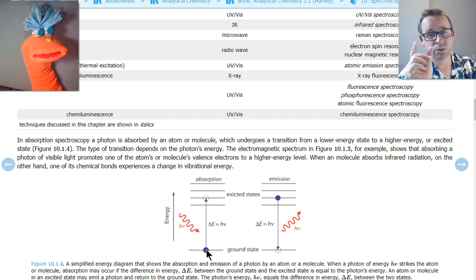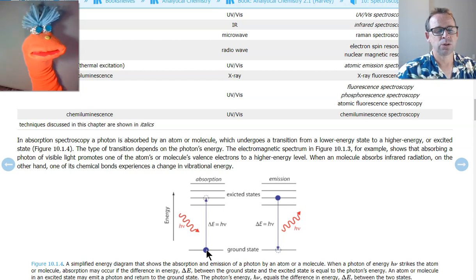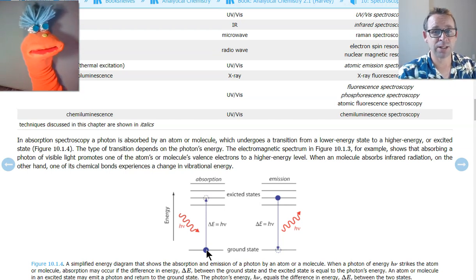Bonds are like stretching springs, and depending on the distance of the atoms, the nuclei from each other, and depending on the size of the nuclei, determines what frequency that bond can stretch at. So not all material can absorb all forms of electromagnetic energy, all wavelengths, because again, it's specific to the energy that is in their bonds.